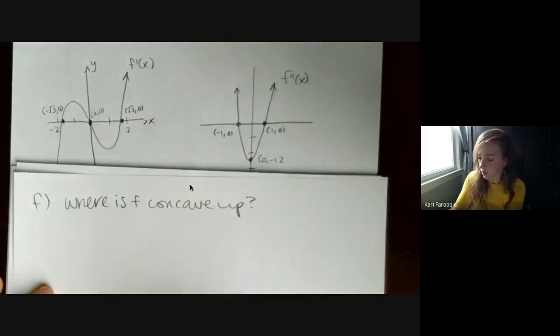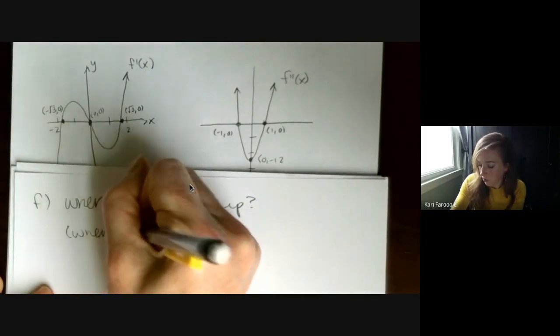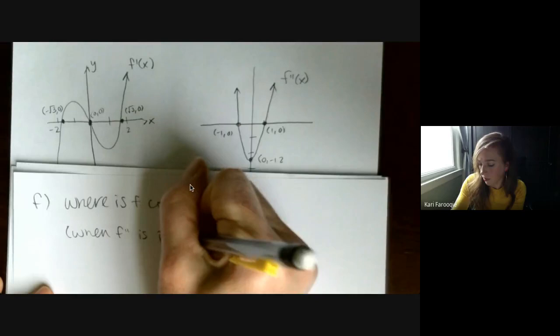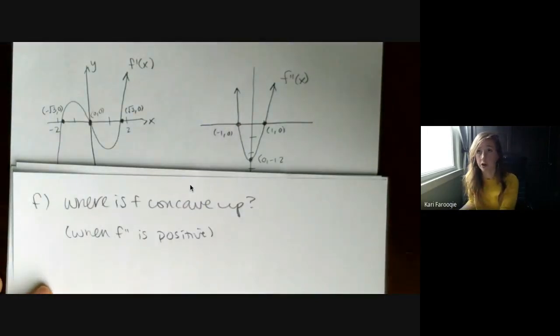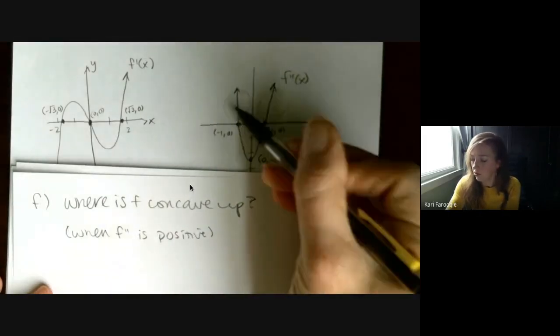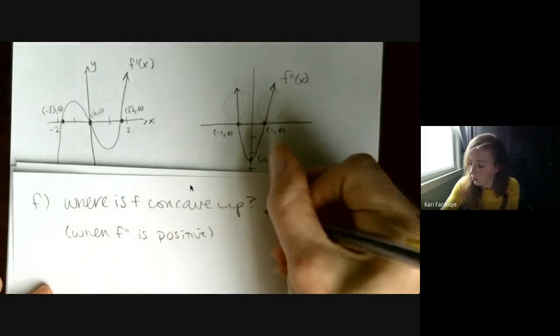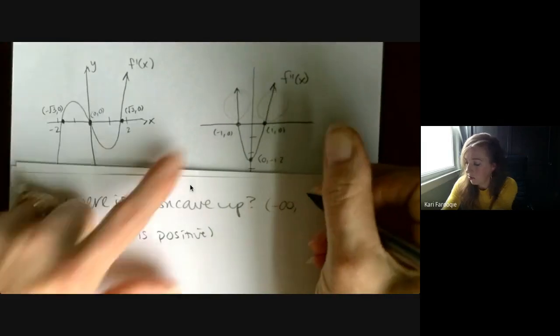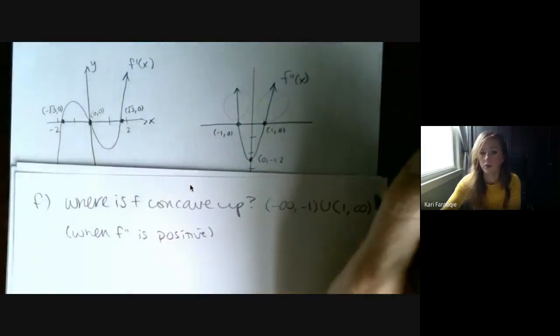So f is concave up, and this is going to happen when f double prime is positive. f double prime is positive when its y values are above the x-axis, and that is going to happen here and here. These are the positive values for f double prime. So I would say that that happens from negative infinity up to -1, and then from 1 to infinity.